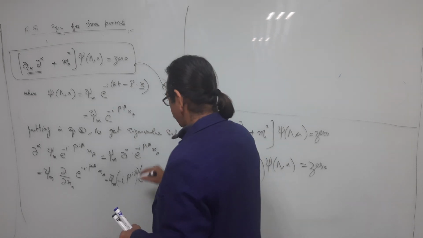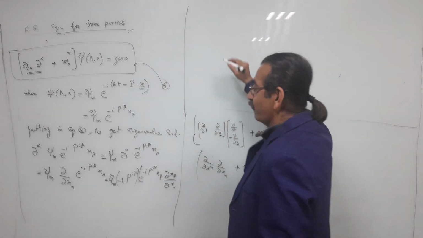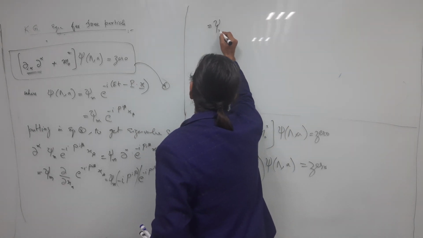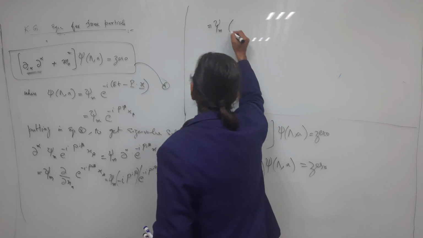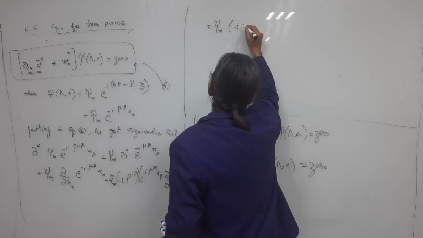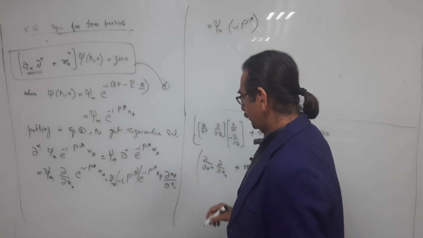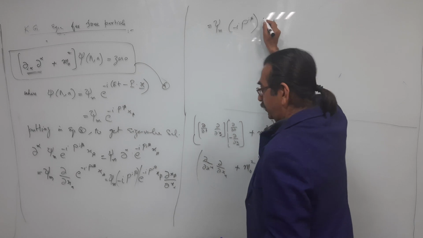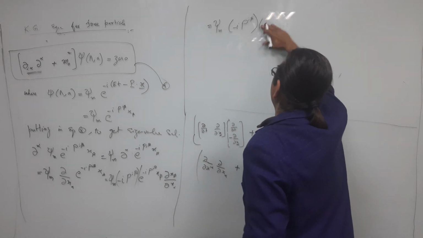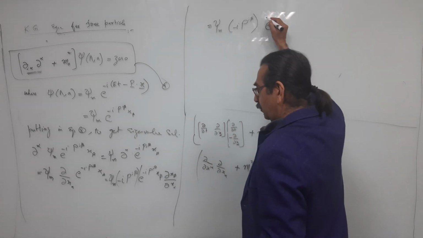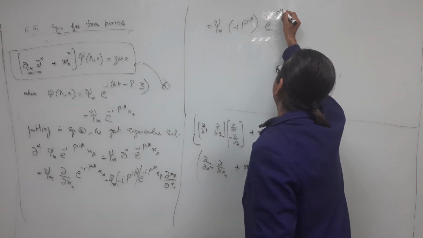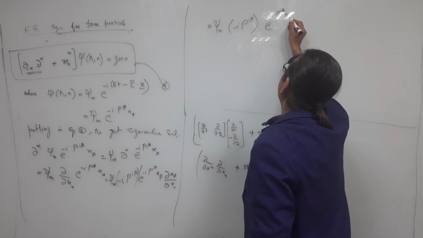And what is this? Minus iota p beta exponential, or if you are interested to write in the form of e, minus iota p beta x beta.